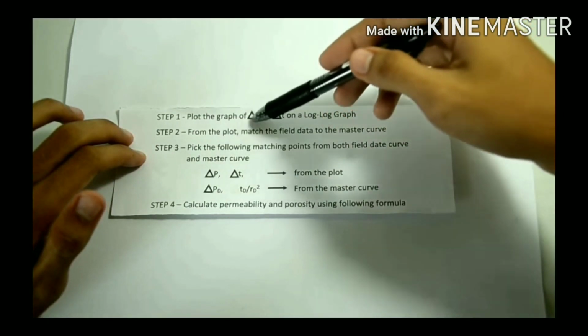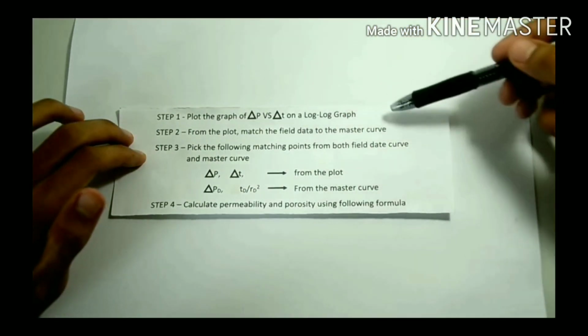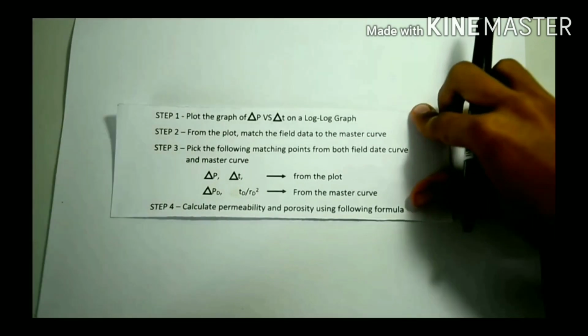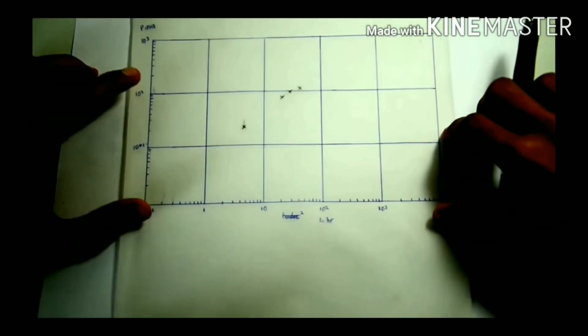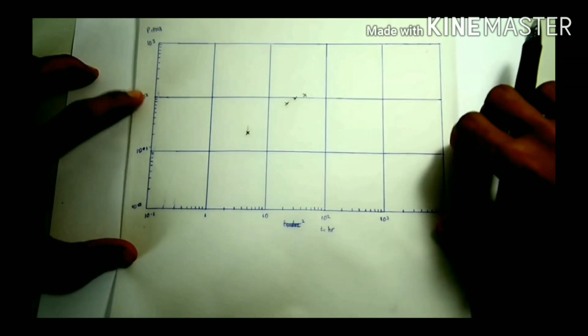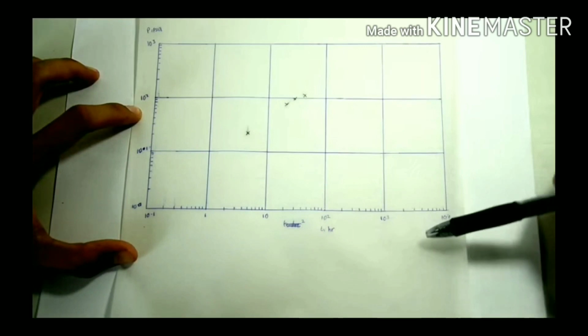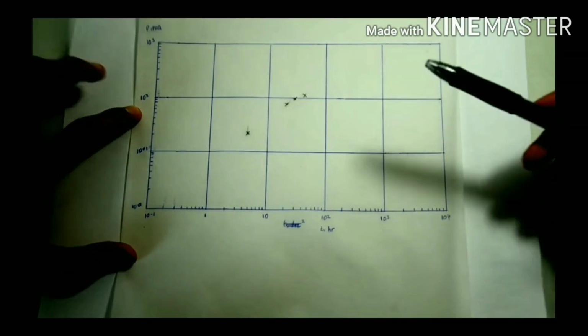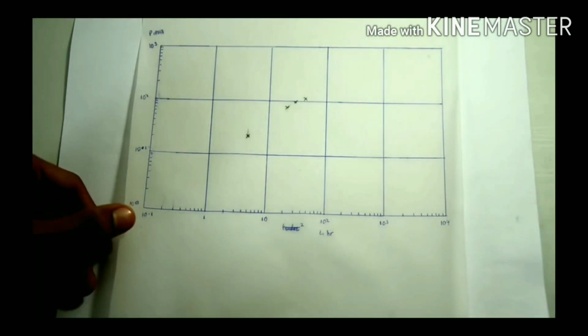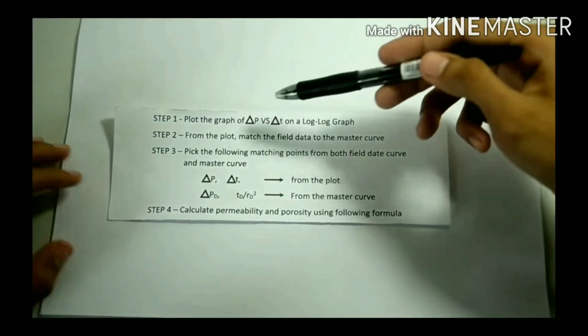First, plot the graph of delta P versus delta t on a log-log graph. So I try to plot delta P versus delta t on a log-log plot. As you see here, the data is indicated as black crosses. Now we begin with step 2.